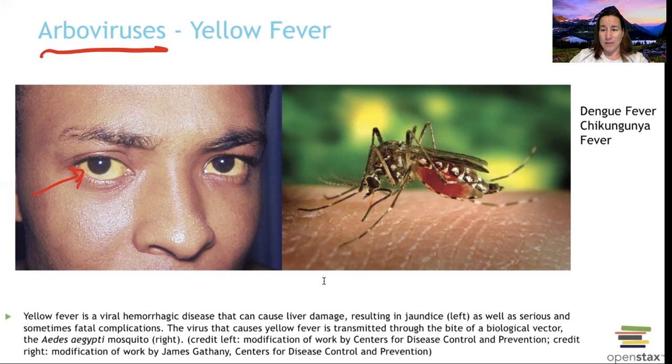These little capillary beds have broken out everywhere. Very little urine is happening, and then this hemorrhaging begins to happen. So bloody vomit can happen from this. It can also lead to delirium, seizures, coma, organ failure, and death from yellow fever.